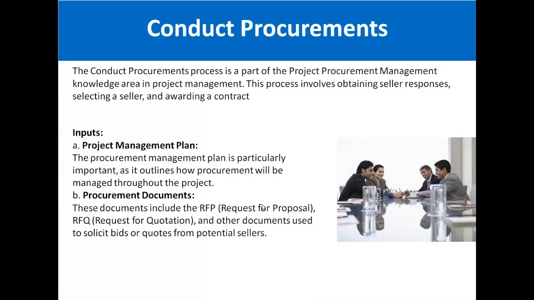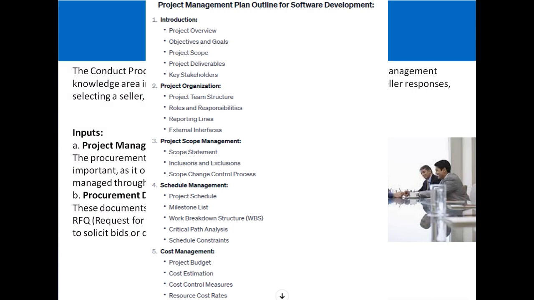Now, the inputs for this process. First is the project management plan, which is made up of different subsidiary plans. For example, the procurement management plan tells you how you will manage procurement: what the guidelines, best practices and industry standards are, and according to your organization, how you will conduct a procurement.